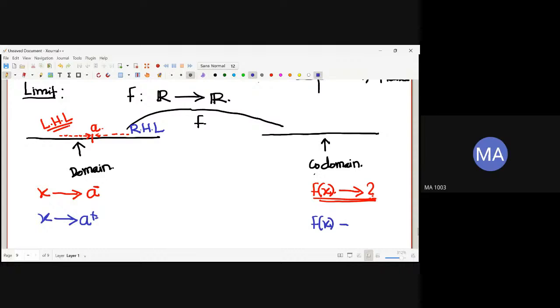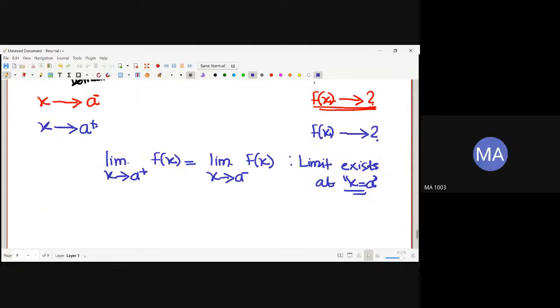And you can say that the function is continuous at x equal to a if the limit is equal to the value of the function at that point. So if this is the same as f of a, then you say that f is continuous at x equal to a, right?